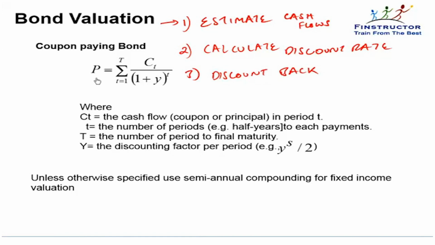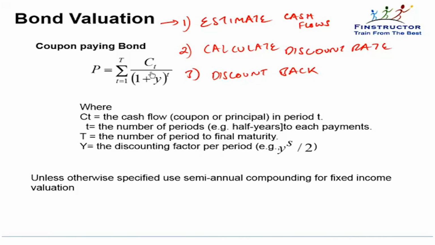So it can be mathematically represented as the price of the bond is summation, t equal to 1 to T, of the cash flow from the bond in a particular period. The cash flow in year 1 upon 1 plus y to the power 1, plus the cash flow in year 2 upon 1 plus y to the power 2, plus cash flow in year n upon 1 plus y to the power n.